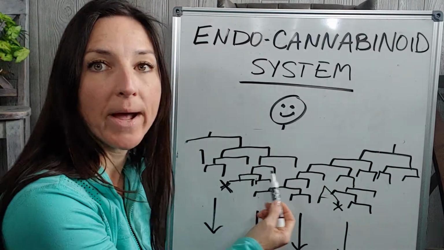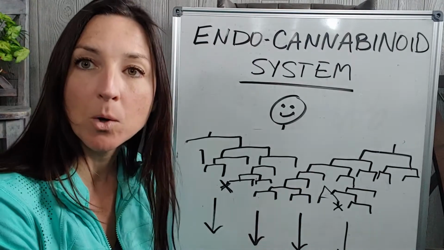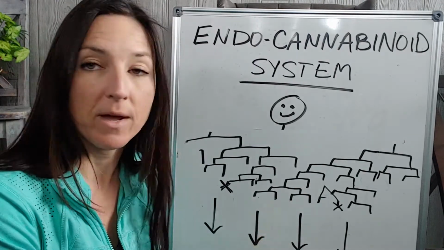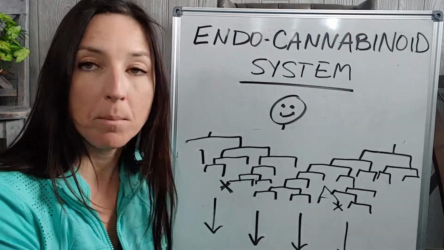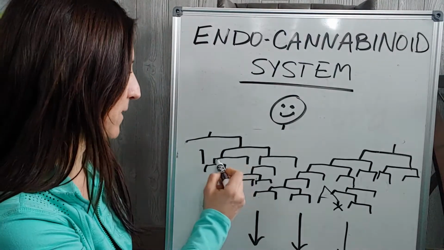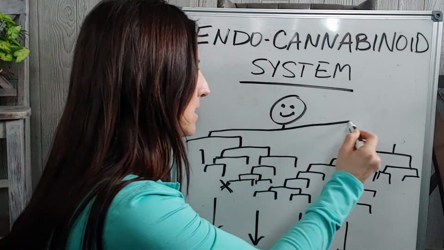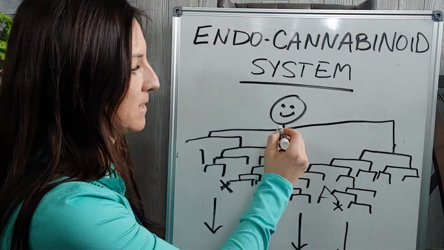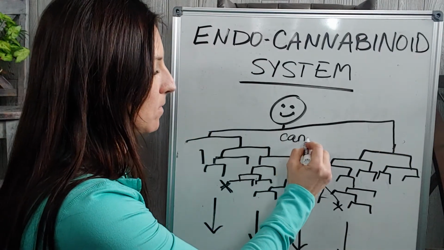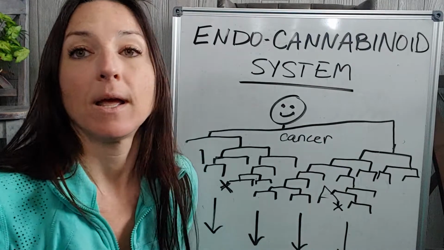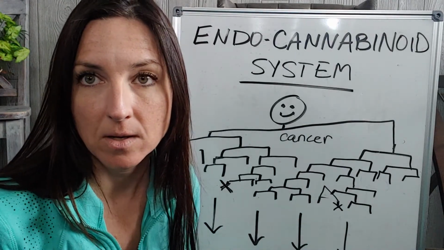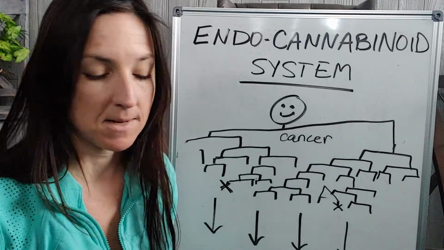Otherwise, we're working our way all the way up the chain with emotional traumas, with inflammation, with improper digestion, and we've got imbalances all the way up the chain until now this person has developed cancer, heart disease, some other form of disease.